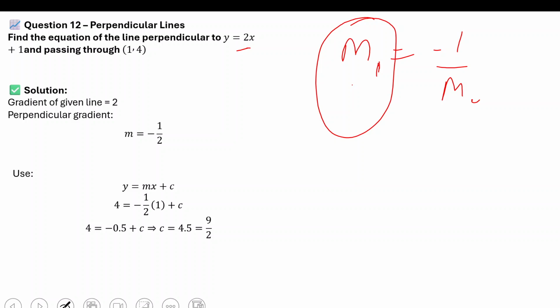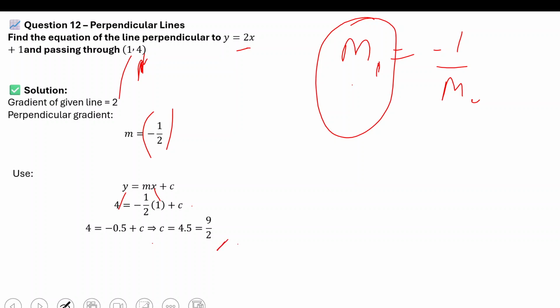Y is equals to mx plus c, where the m is minus 1 over 2. That's why I'm having it here. This is 4 from here. This is x from here, right? C is unknown. So I can find C. C is 9 over 2.